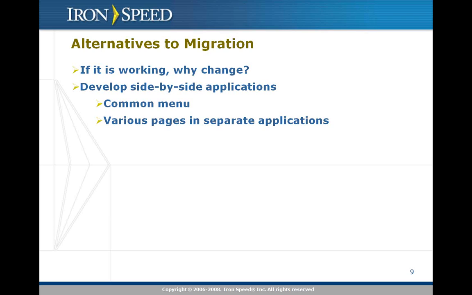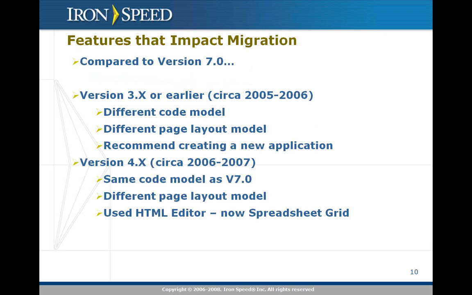Let's talk about features that impact migration. The reason we want to talk about them is because they may have a significant impact on your application. Now, in version 3.x or earlier, which was approximately 5 years old, you will notice that the code model that we generated was completely different, and the page layout model was completely different.